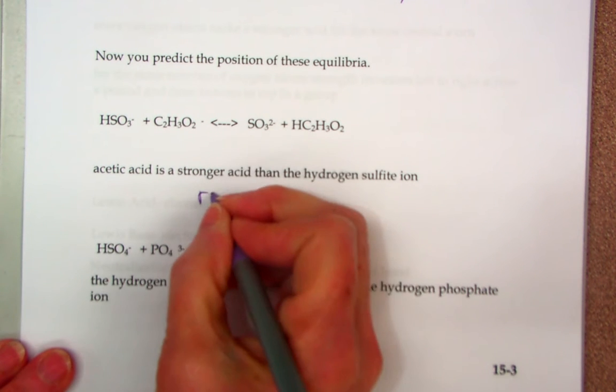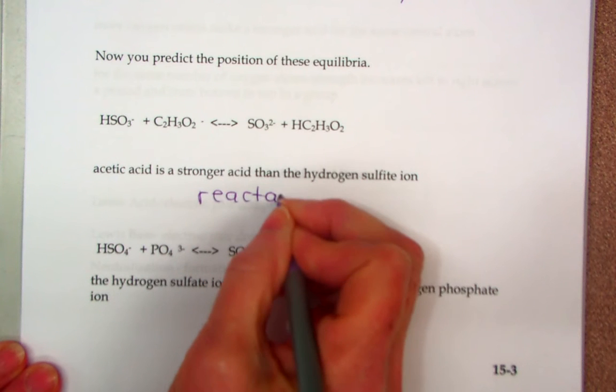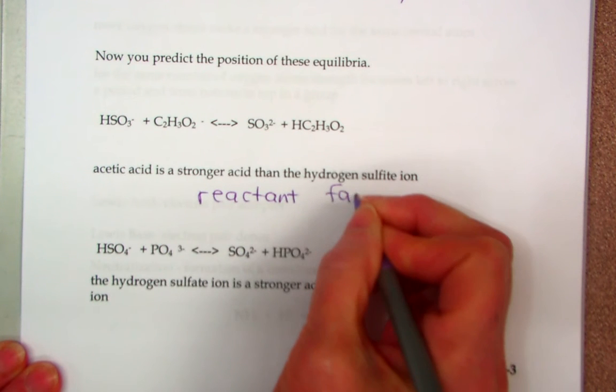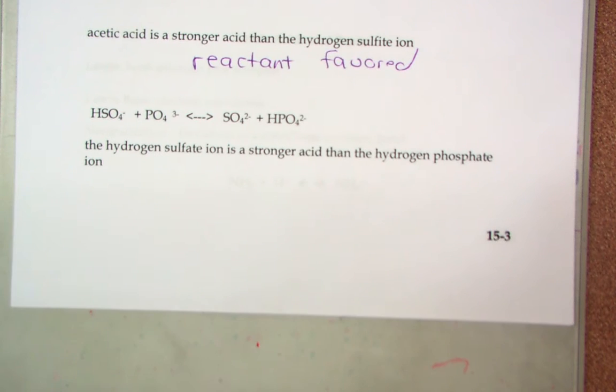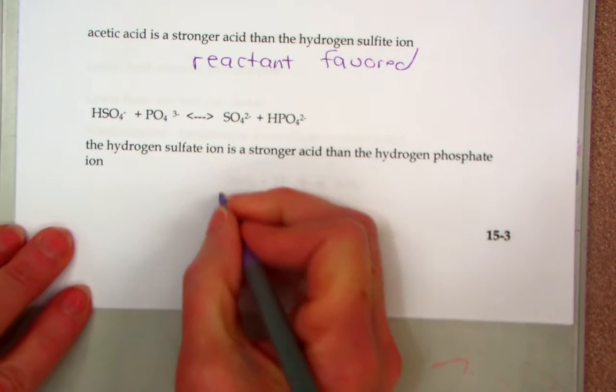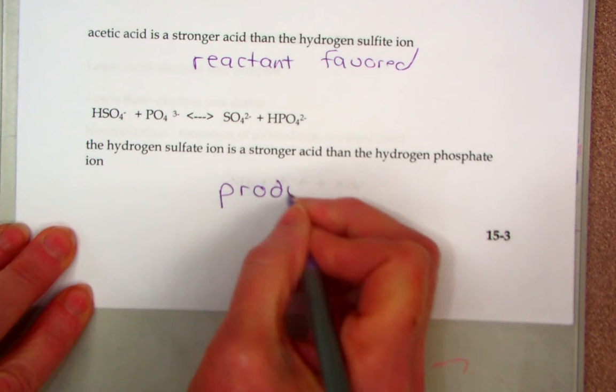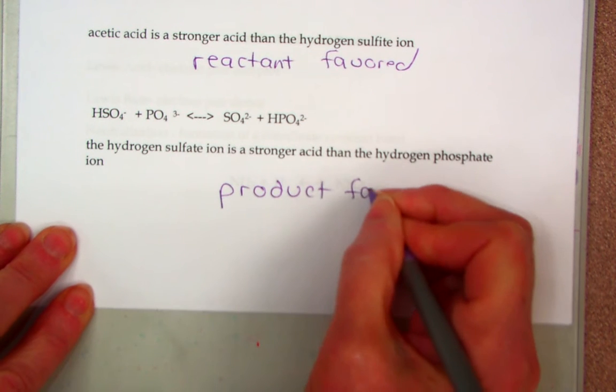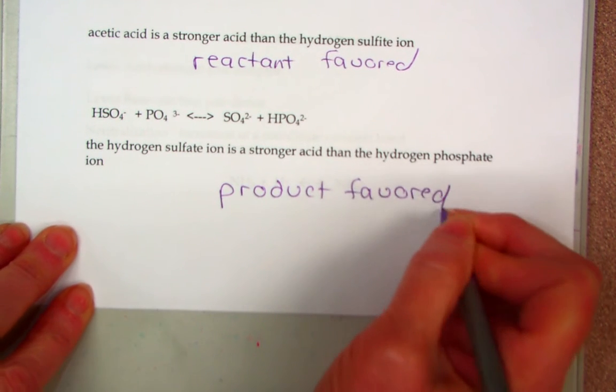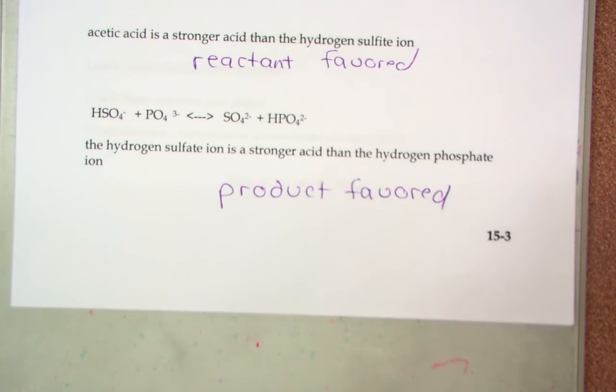Reactant favored. And how about the last one? If the hydrogen sulfate is a stronger acid than the hydrogen phosphate ion? Product favored. So the stronger ones will react and push the equilibrium in the opposite direction.